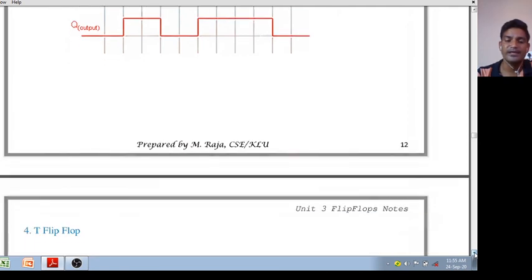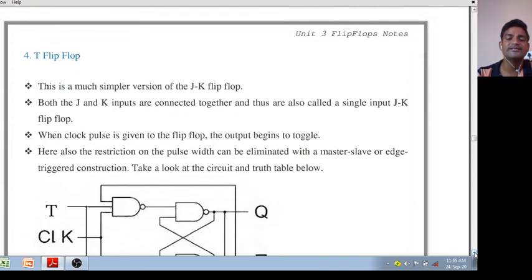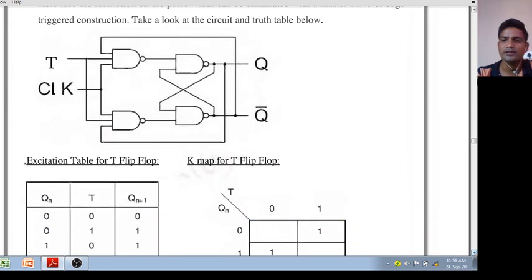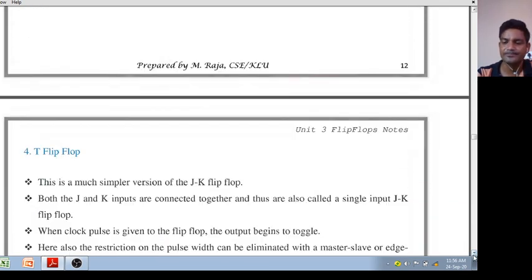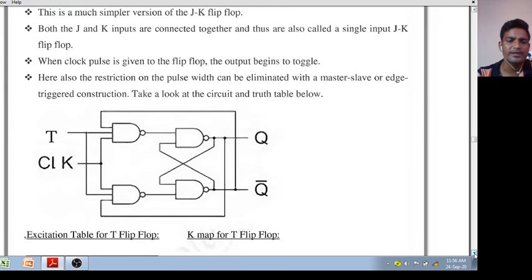T flip flop is just like your JK flip flop. J equal to K equal to T, or you can say T equal to J equal to K. Just what you have to do in JK flip flop, you have to give one common input.